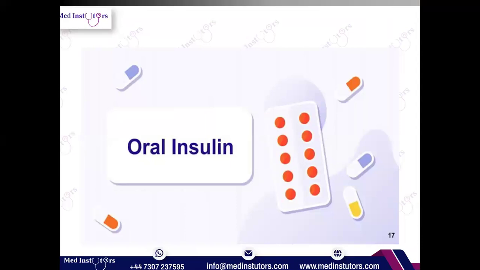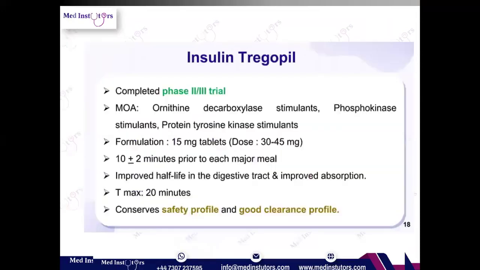Now the scientists are working on the oral insulins nowadays. We have one insulin, tregopil. It's an ultra fast acting analog insulin, tregopil. It is in the pipeline, completed phase 2 and phase 3 trials. And the mechanism is that they are stimulating the ornithine decarboxylase, phosphokinase stimulants, protein tyrosine kinase, mimicking the action of insulin.